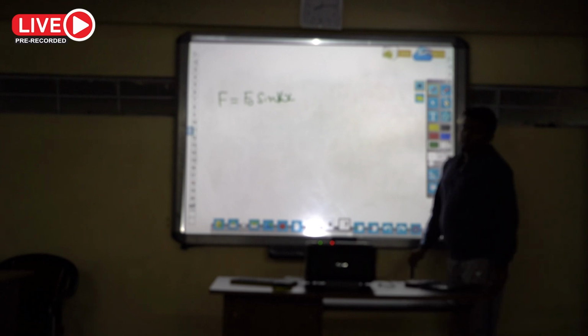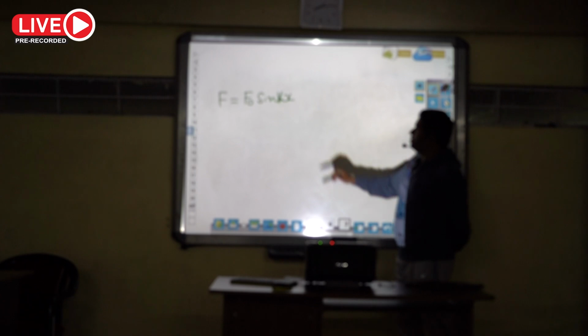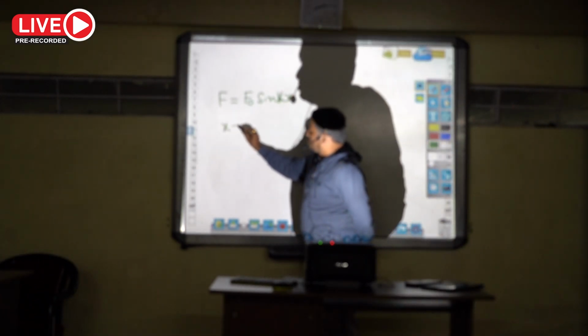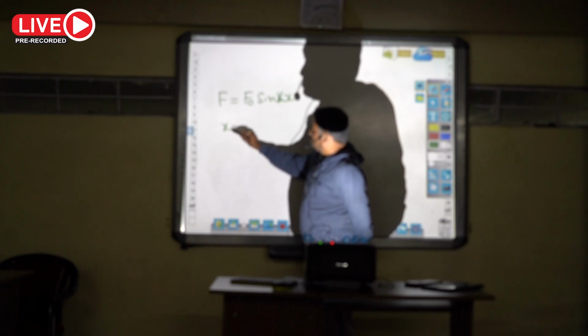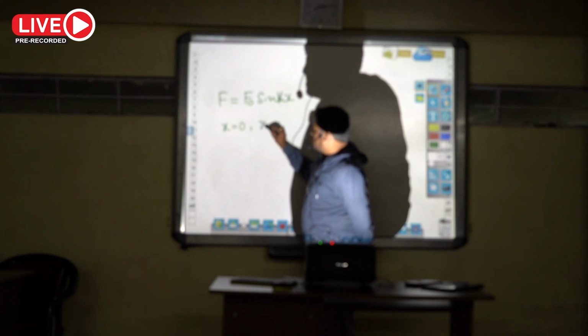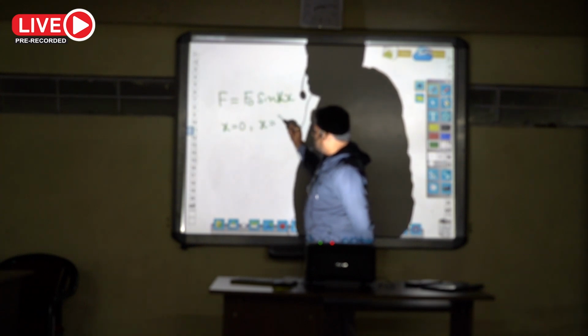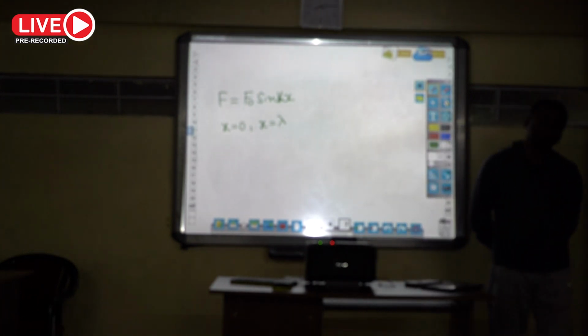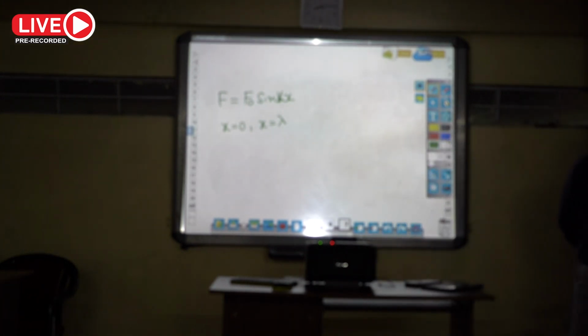Then suppose you have to integrate it from x equal to 0 to x equal to lambda, which is the displacement.